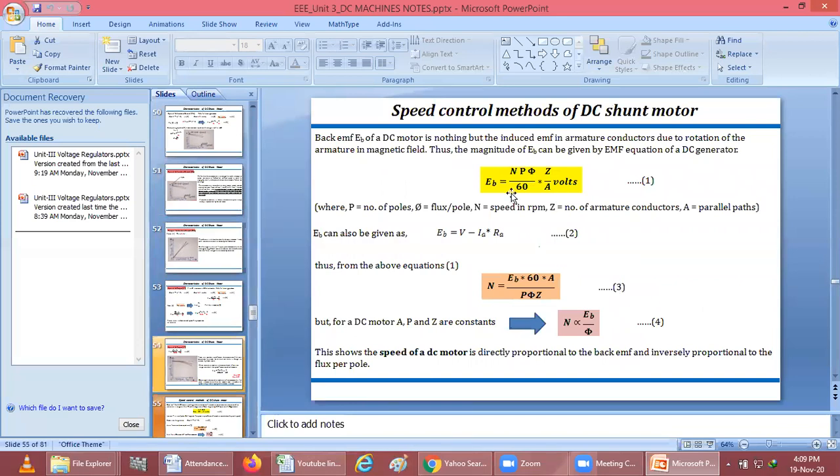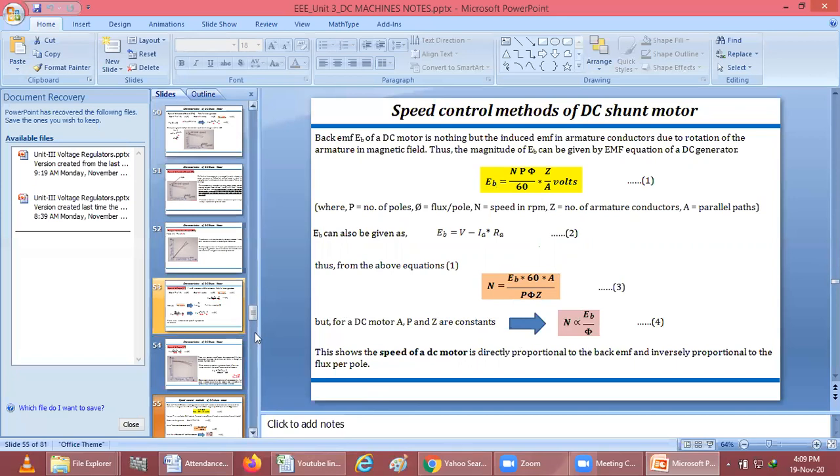If you write that equation in the form of speed and flux, and take A, P, phi, Z as constants, you can see speed is directly proportional to the back EMF and inversely proportional to the generated flux.